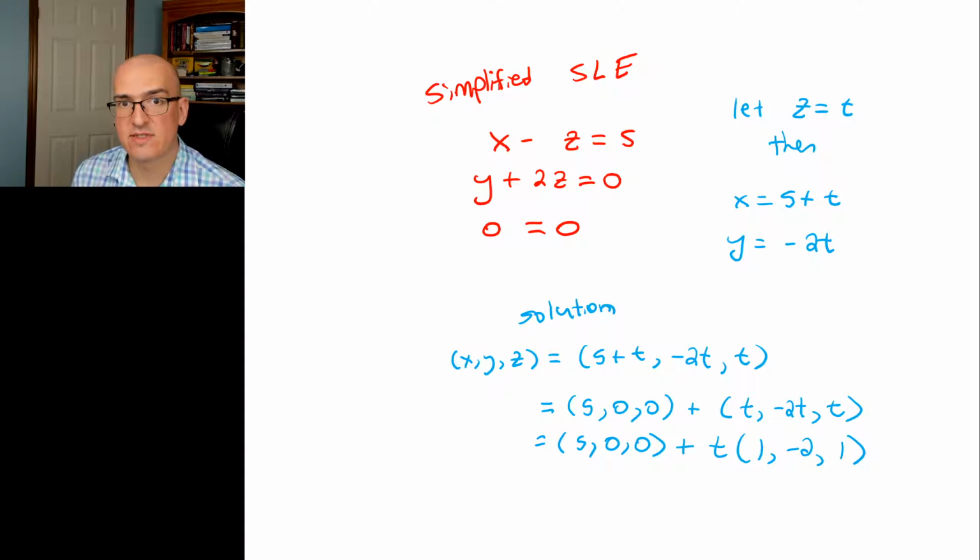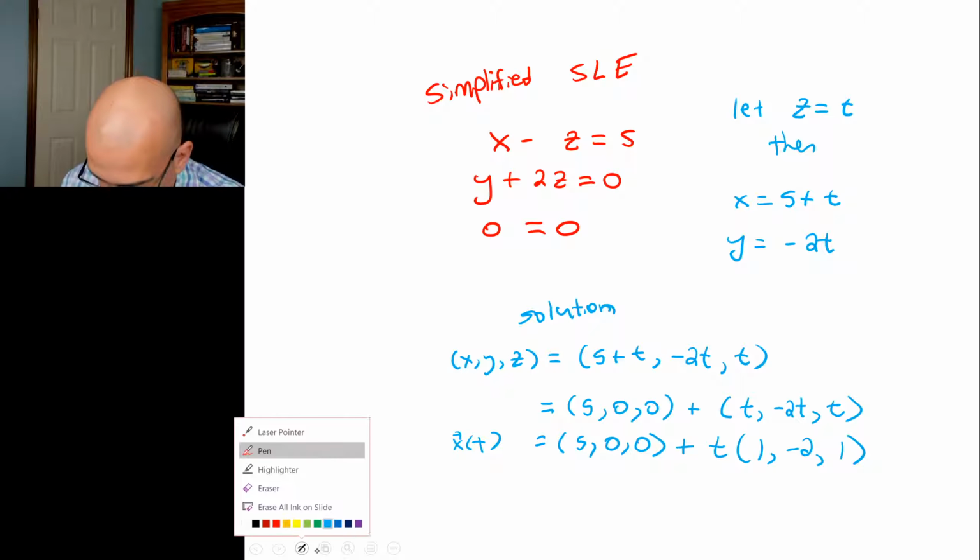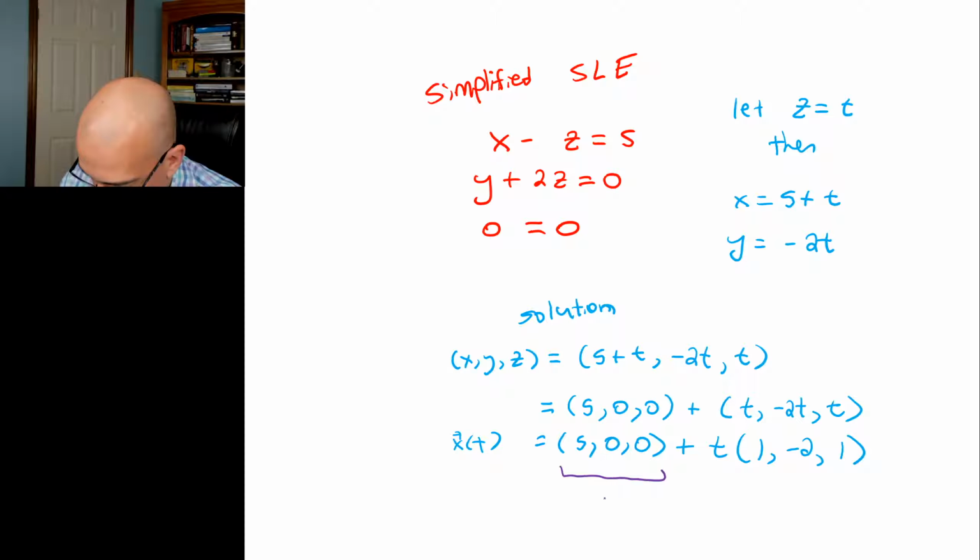Now what is this? You have to know this. What geometric object is written at the very bottom in blue? It's a straight line. This is x of t is equal to a point P plus t times v. Equation of a line.